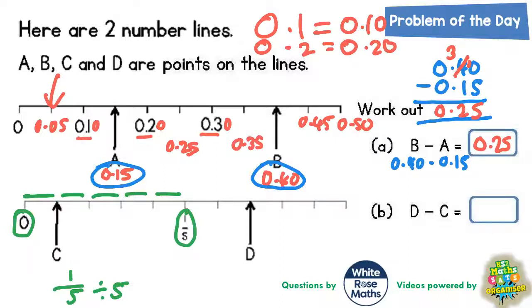Well, there's a couple of ways we could do this. We could do it as a fraction, or we could turn it into a decimal. Well, if we keep with the fractions, then 1/5 divided by 5, it's like having a bar split into fifths, and each fifth dividing it into 5 pieces, like so.